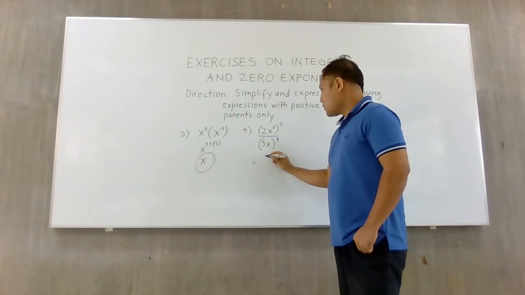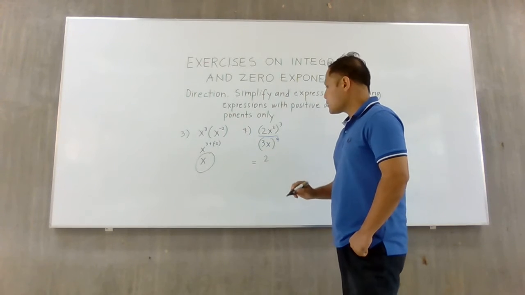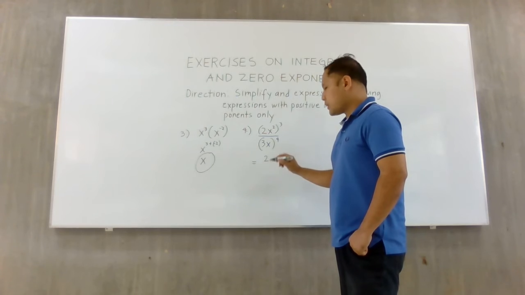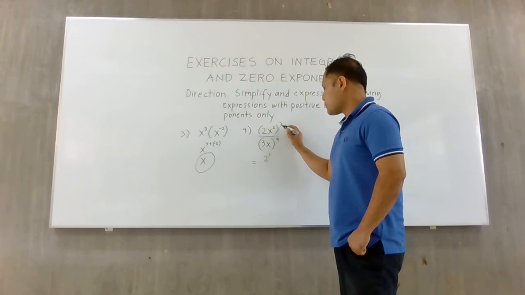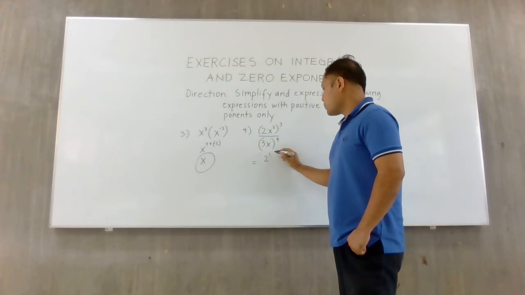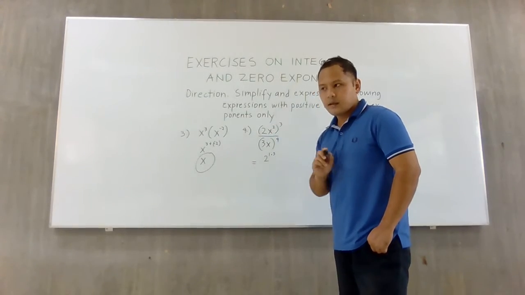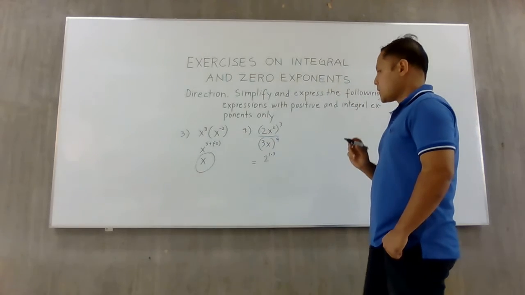By the way, class, friends, any term having no exponent is understood to have 1. So as we distribute this exponent to that base 2, we are actually multiplying it to the existing exponent of the term.